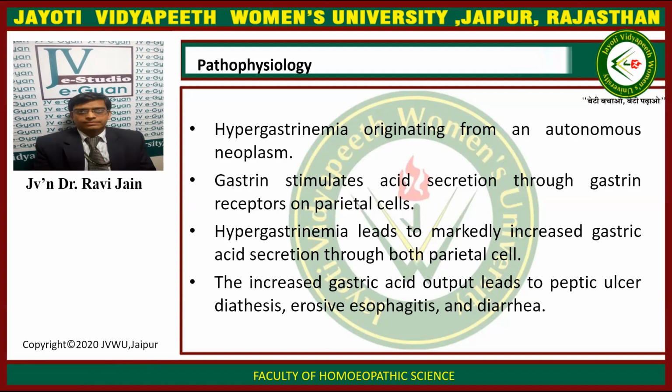Now, what is the pathophysiology? The pathophysiology consists of hypergastrinemia originating from an autonomous neoplasm. The gastrin stimulates acid secretion through gastrin receptors on the parietal cells. Hypergastrinemia leads to markedly increased gastric acid secretion.